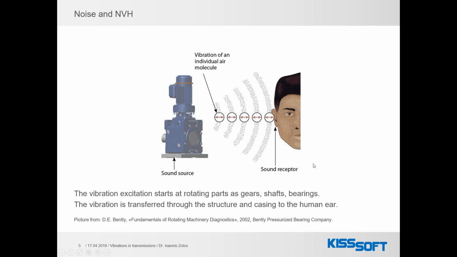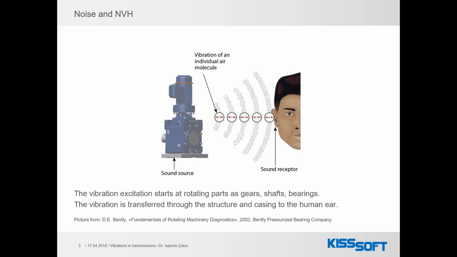Regarding noise and NVH, as I described previously, this is also a very important motivation behind calculating vibrations. What is really happening is the whole gearbox, as shown in this case, is vibrating, and this vibration is transferred to the housing of the gearbox, and the vibration of the housing is the one that is exciting the molecules of the air.